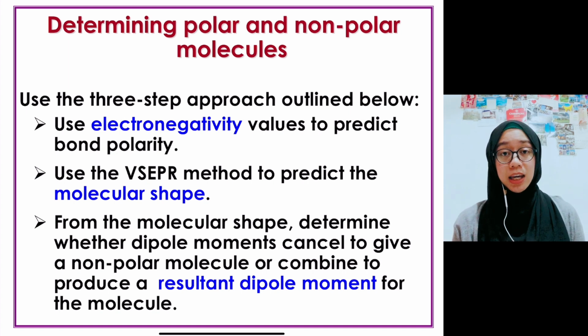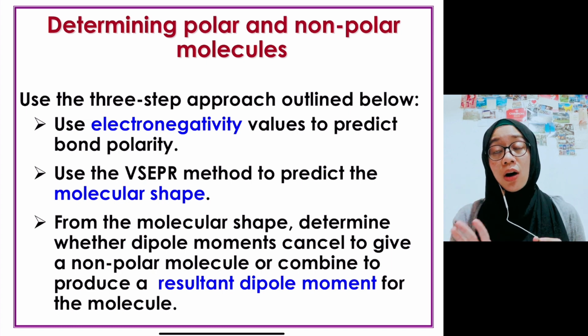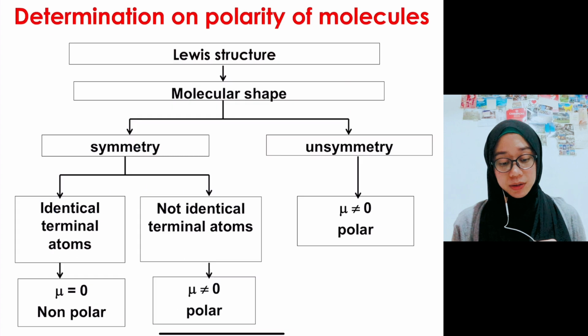Itu yang terakhir. Daripada situ nanti, kalau boleh cancel off, kalau your mu equals to 0, therefore a non-polar molecule. Tapi if bila kamu tengok based on that shape, and then the dipole moment cannot be cancelled off, meaning the mu does not equals to 0, therefore that is a polar molecule.